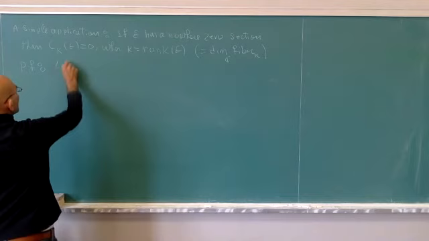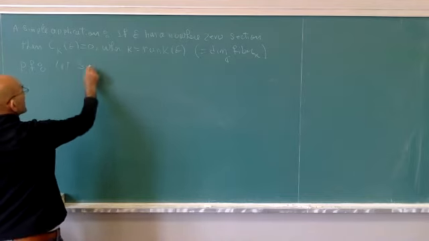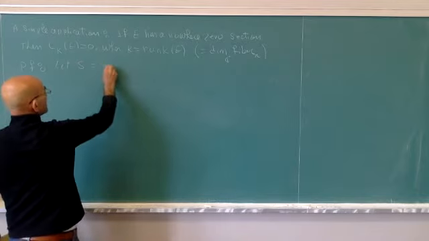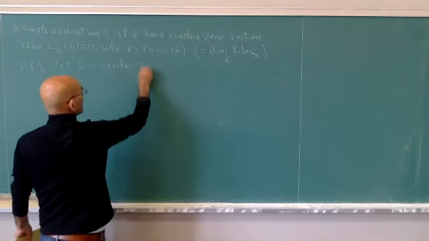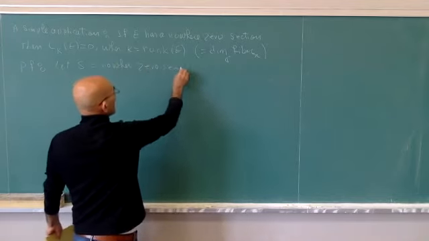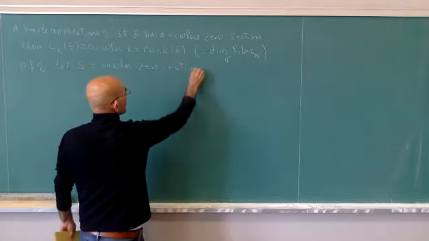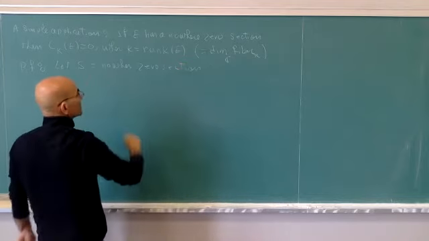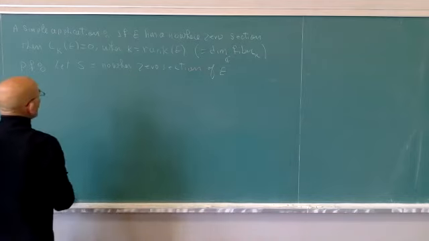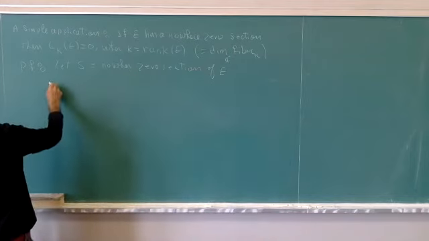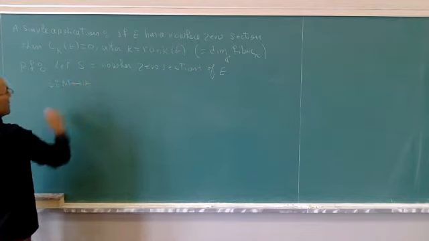So let S be this nowhere zero section. I mean, the section is continuous at least, or smooth, doesn't matter. It's a nowhere zero section of E. So S goes from M to E, right?